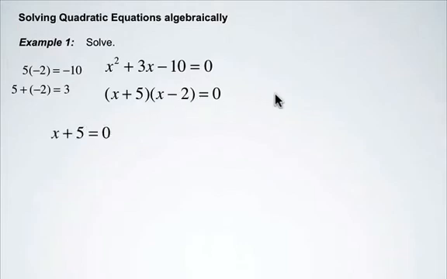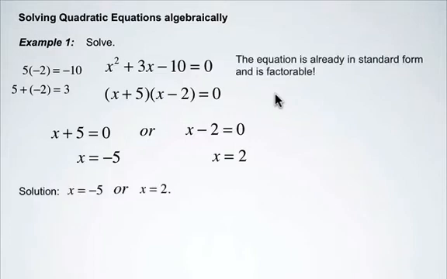So x plus 5 is equal to 0, or x minus 2 is equal to 0. So x equals negative 5, or x equals 2. So the solution is x equals negative 5 or x equals 2 in order for this equation to be true. The equation is already in standard form and is factorable.